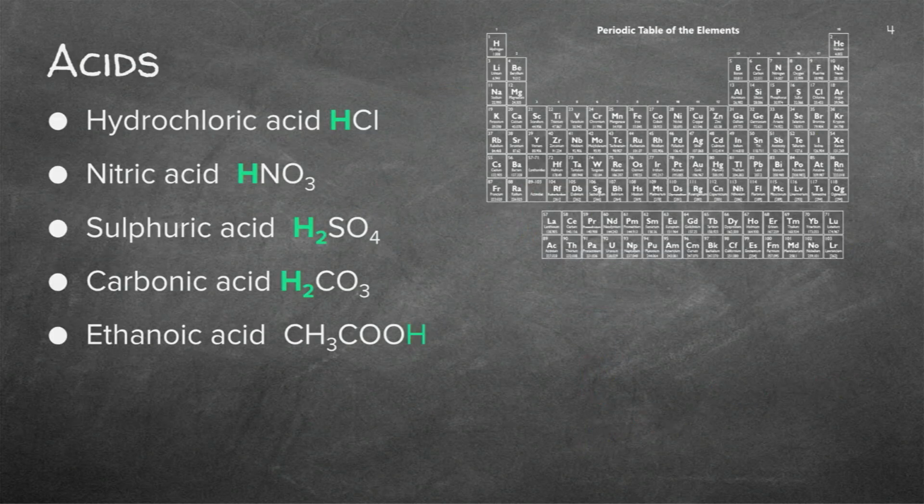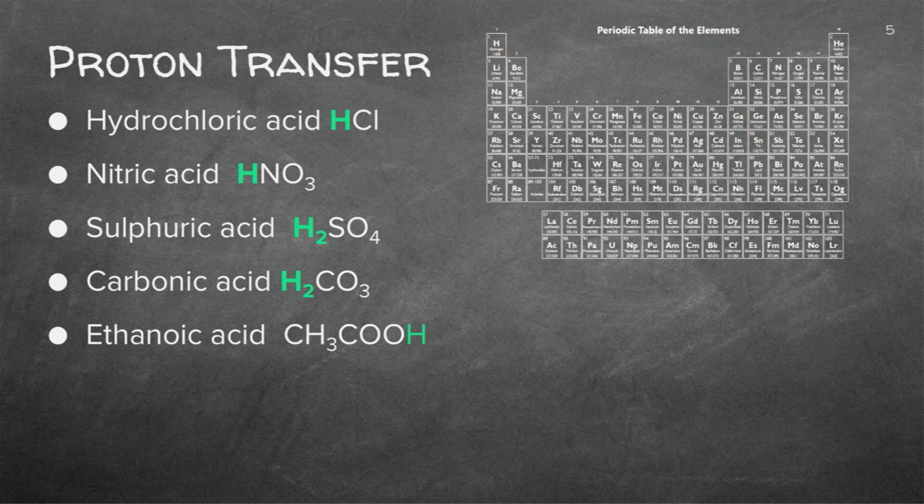So let's just have a look again. Remember, the acids will all have a hydrogen, and remember, we've got the non-metals bound to each other. The hydrogen with all these others, all of them covalent bonds. When we have the protons, the proton will be transferred.